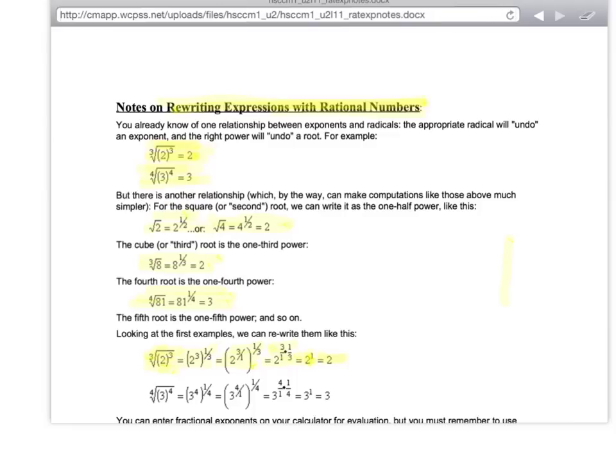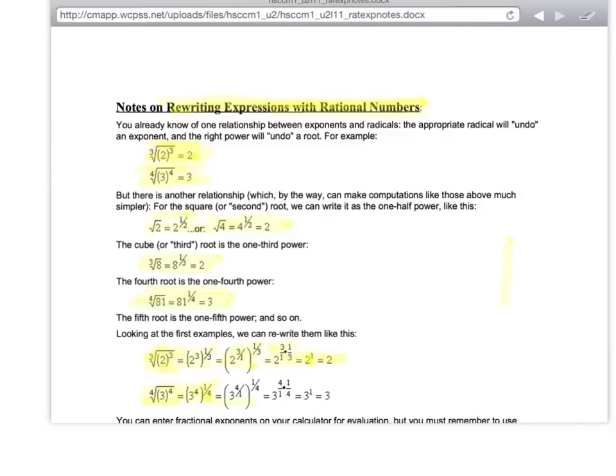And the same for this next example. 3 to the fourth power, if we want to undo this, we would take the fourth root of that number. The fourth root of that number equals 3 to the fourth power raised to 1/4 power.